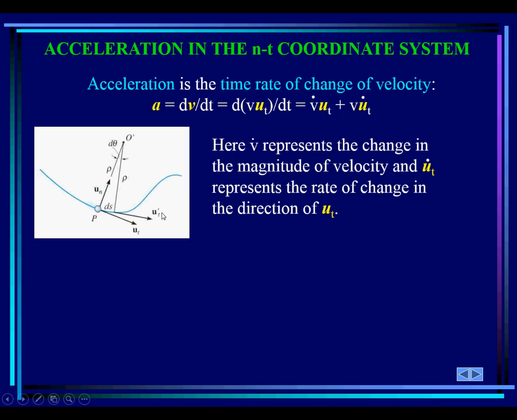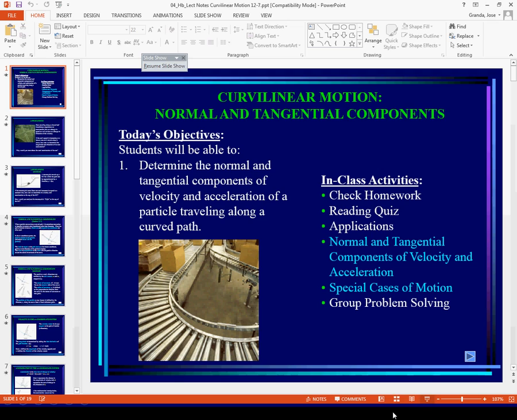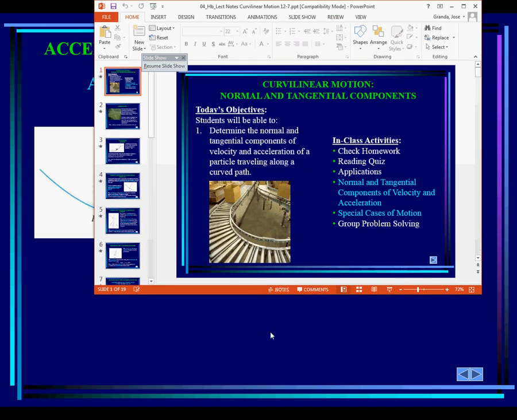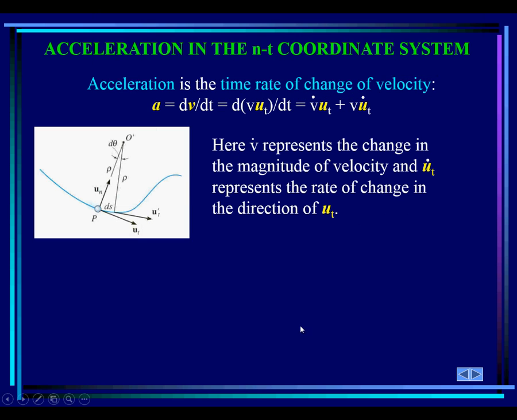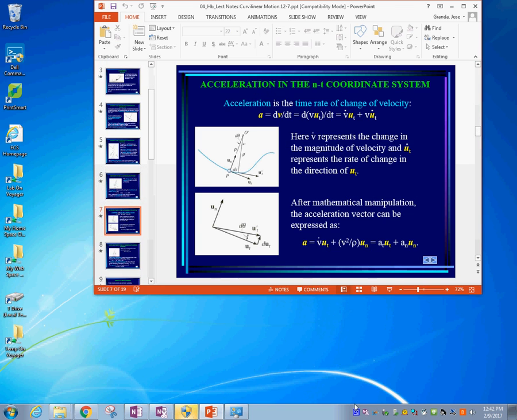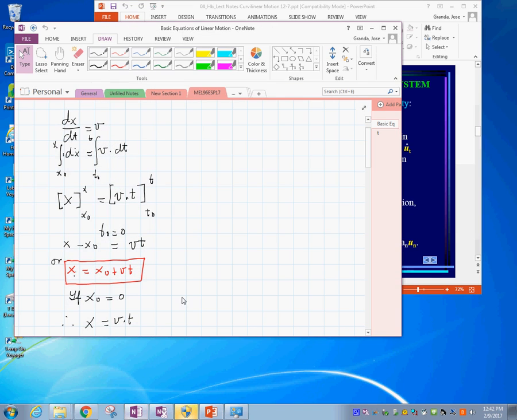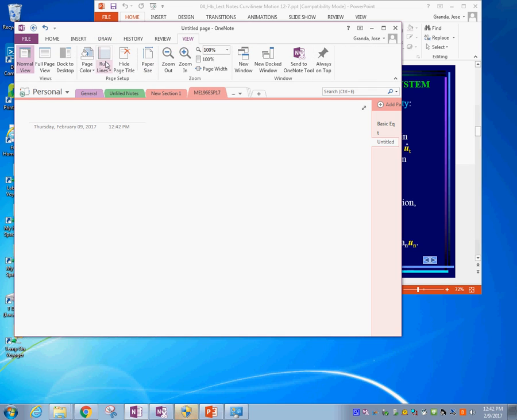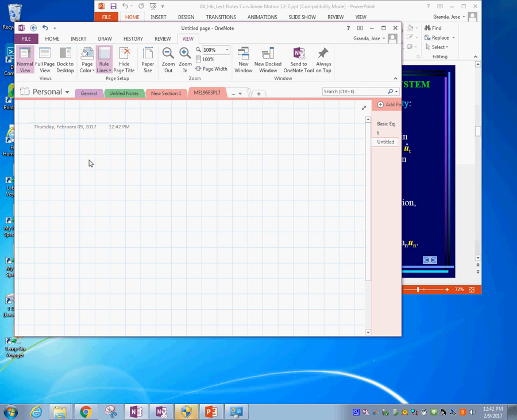So what we're going to do is make a graph over here where we will see how we go about this. Let's get a new page here for doing this note, and do a little explanation.